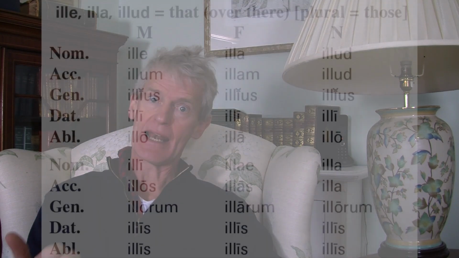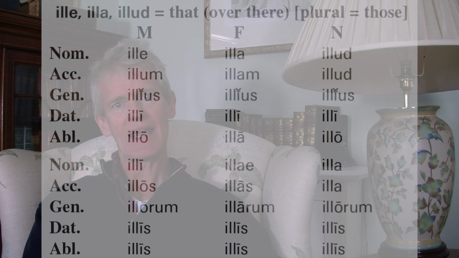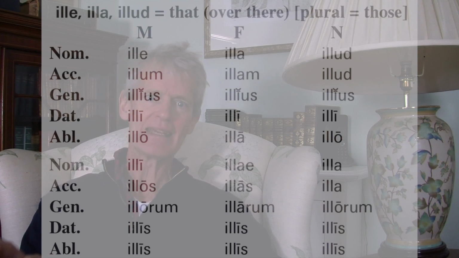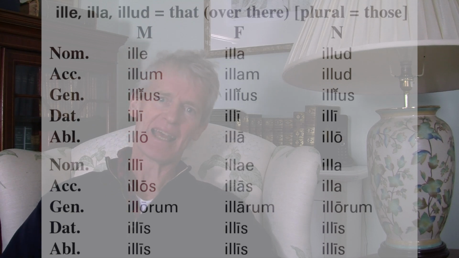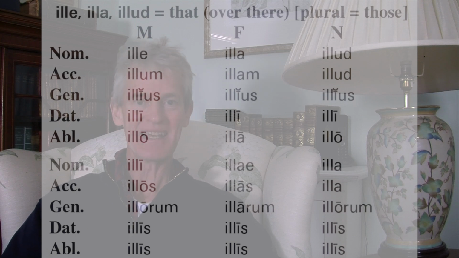This one goes ille, illa, illud, illum, illam, illud, illius, illius, illius, illi, illi, illi, illo, illa, illo, illi, illae, illa, illos, illas, illa, illorum, illarum, illorum, illis, illis, illis. That, by the way, is exactly like the plural of bonus, so really not a problem to learn. The only difficulty is remembering that it's easy.